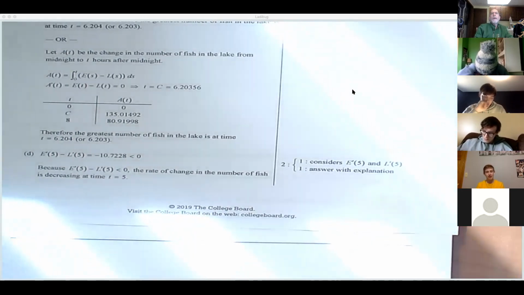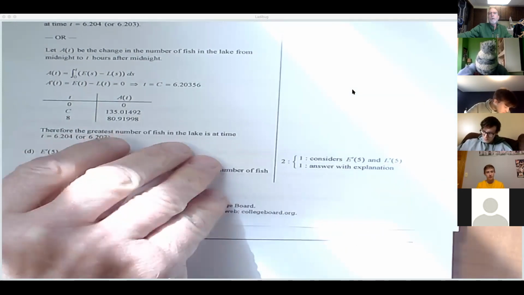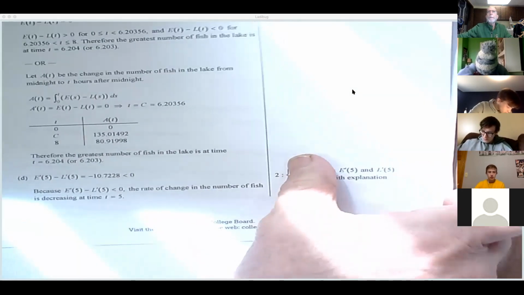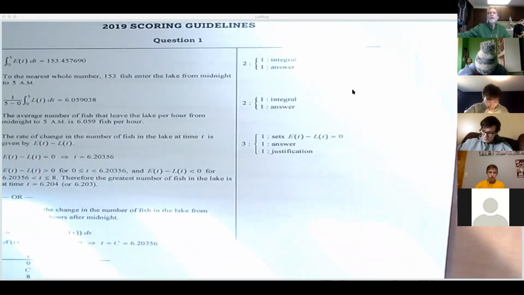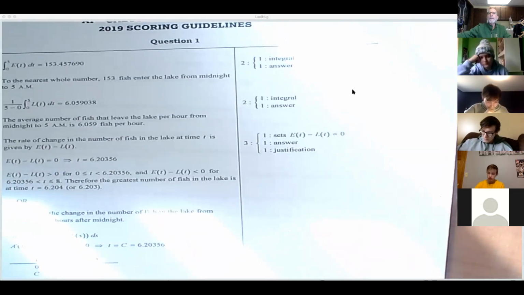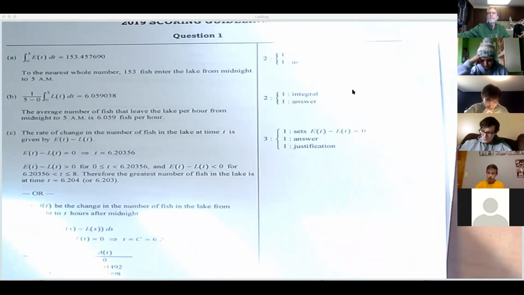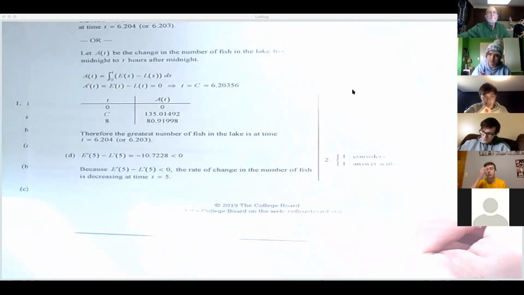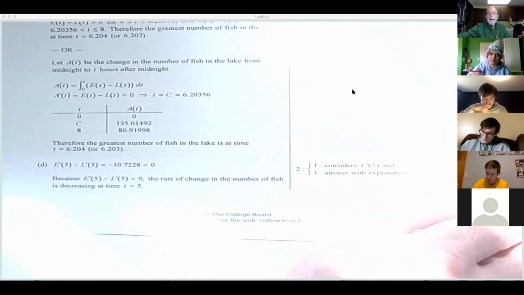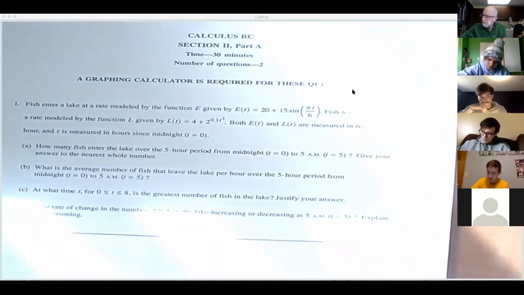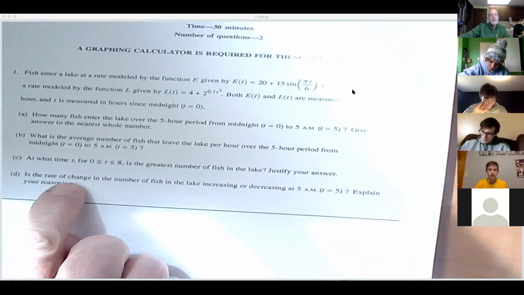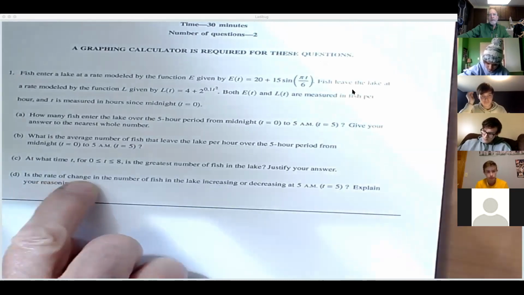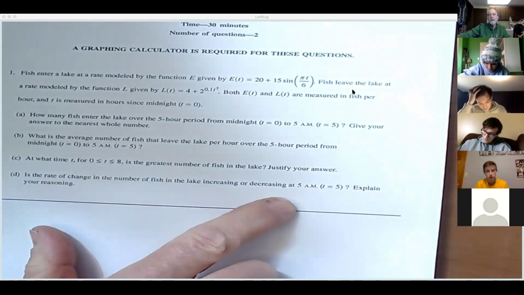Alrighty, so that one was worth, what'd I say, 3 points? Did you see that it was 3? So the first 2 are each worth 2. The third one's worth 3. And now D, because it says here, is the rate of change in the number of fish. So is the derivative in the number of fish increasing or decreasing?